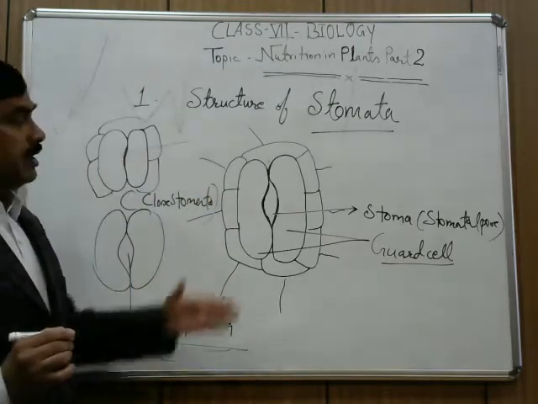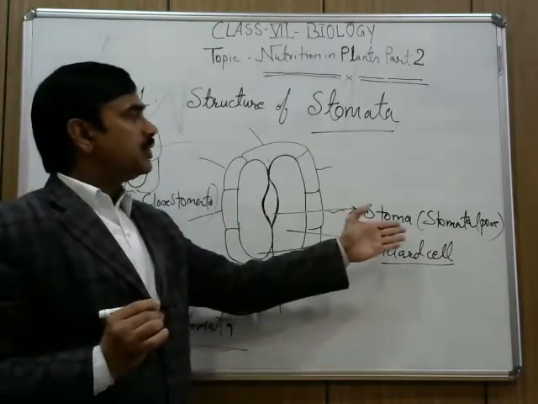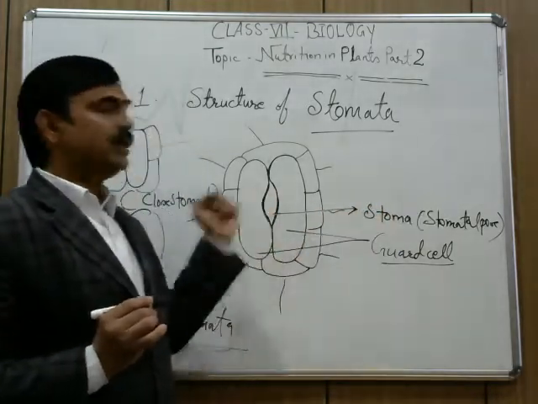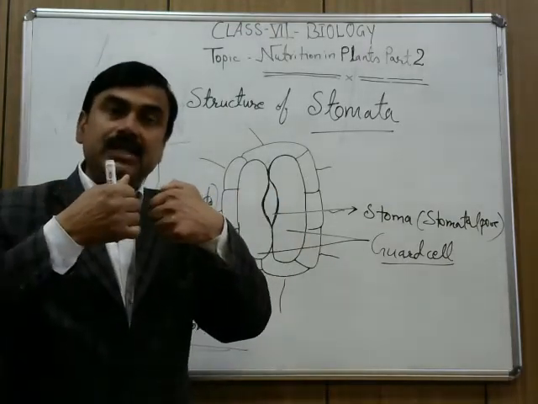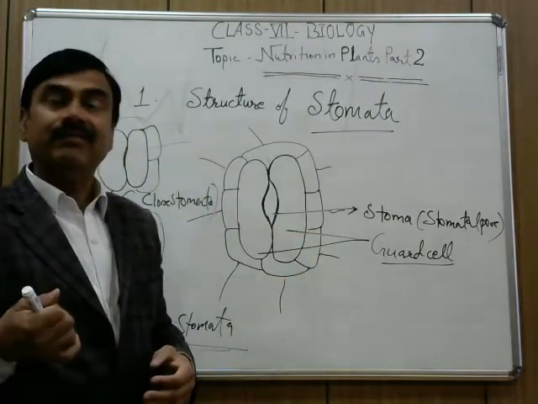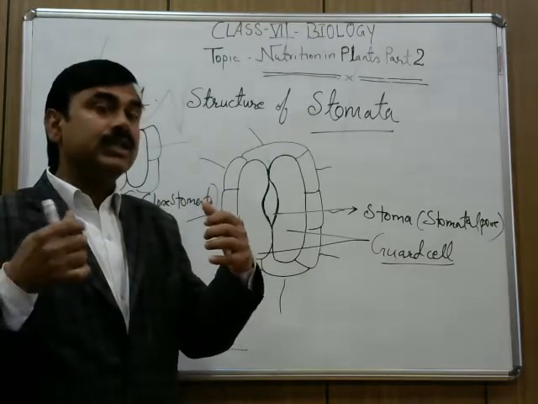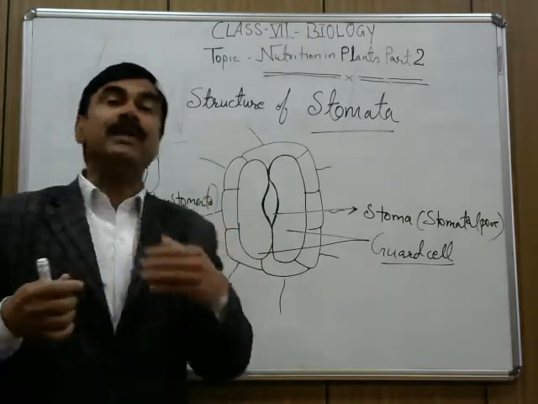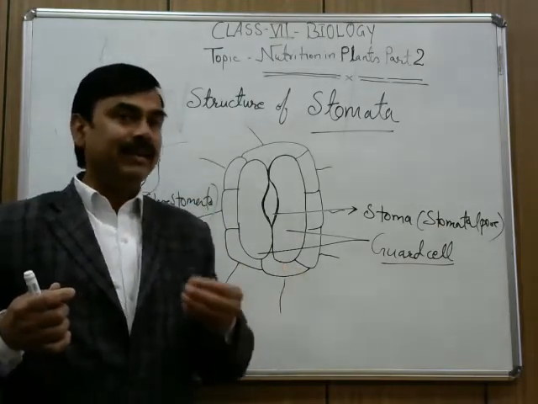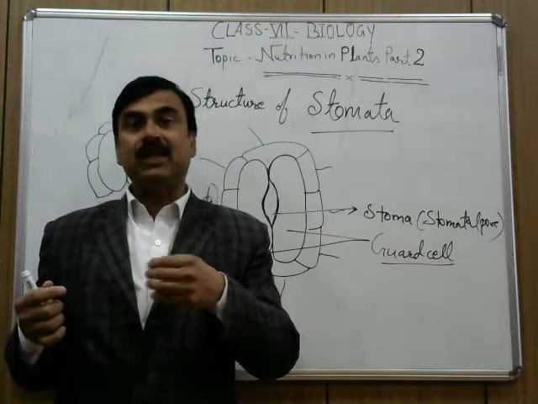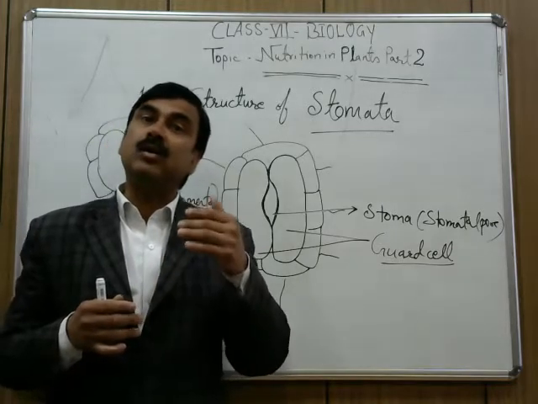In the structure, the stomatal pore is open, and the two kidney-shaped, bean-shaped guard cells are there, which turgid, which swell, and which are responsible for closing and opening of stomata. I will also explain in brief how stomata open during daytime, how stomata close during night time, and what happens when the stomata are closed.